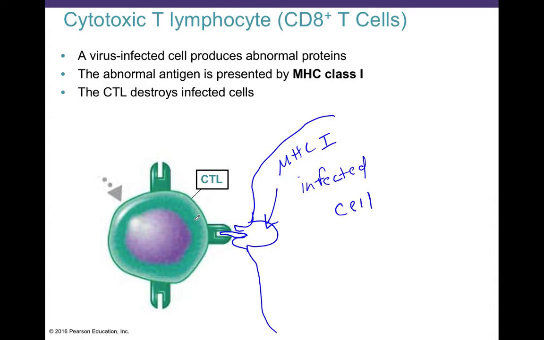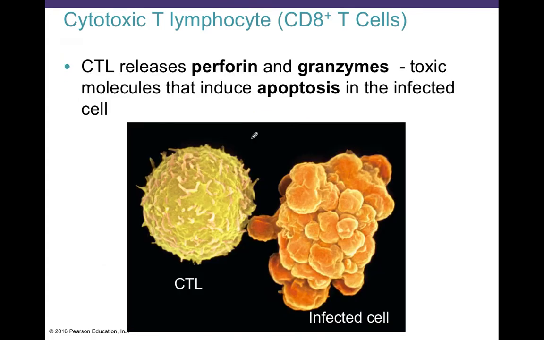And so this cytotoxic T lymphocyte recognizes that antigen there. And that's going to cause this cytotoxic T lymphocyte to kill that infected cell. So how is it actually going to do that?